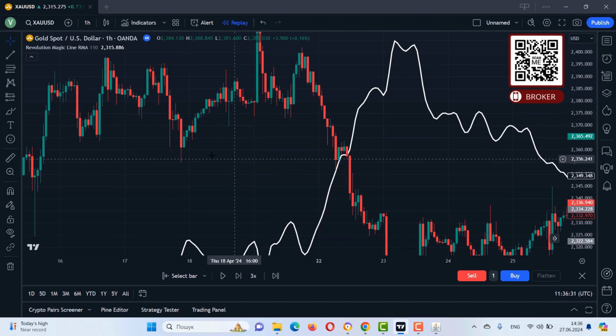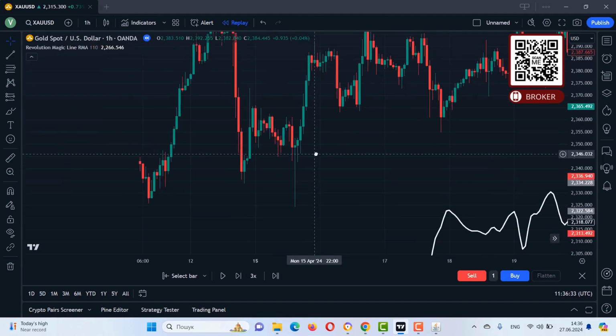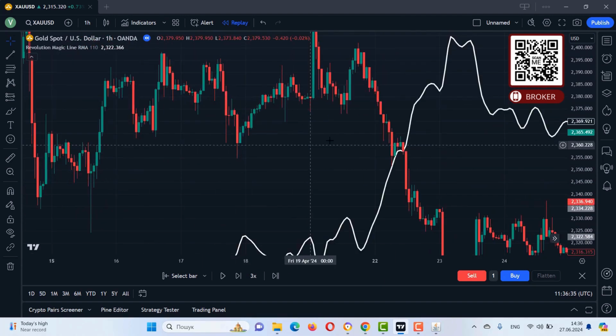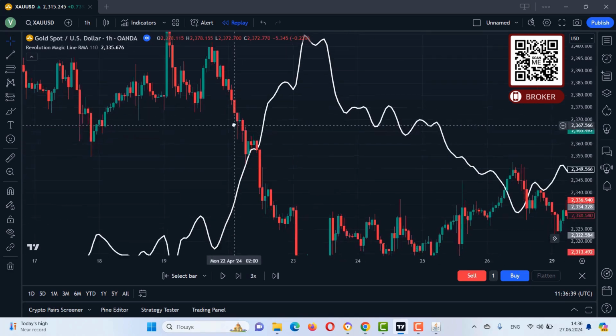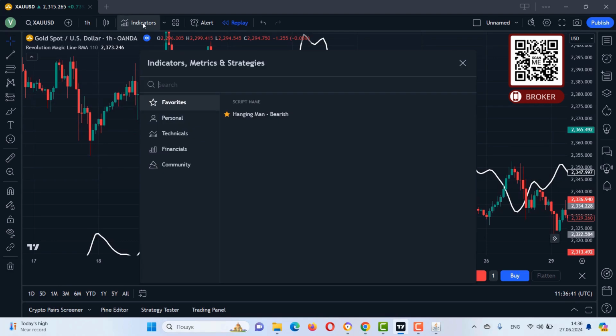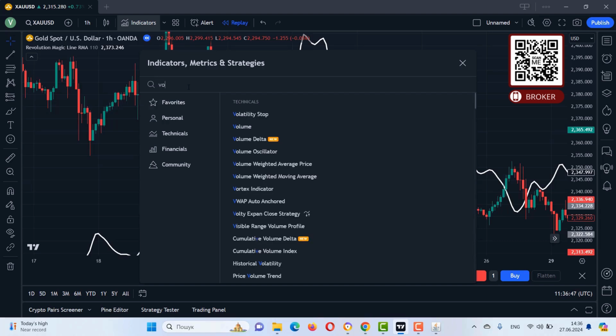Thus, to reduce the number of false signals, we need to add another indicator to the chart. This indicator is called Oscillator Volatility.